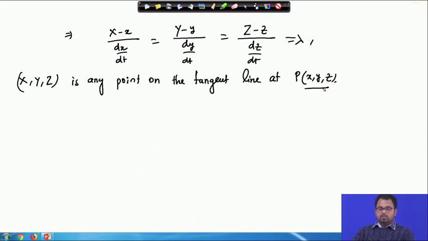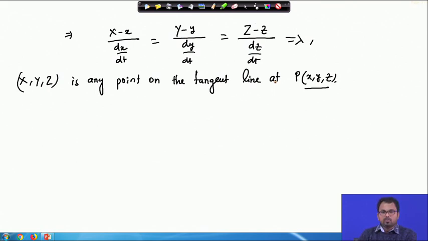So, this is the required equation of the tangent line in terms of Cartesian coordinate system, and you may have seen this type of equation in 3-dimensional geometry for the equation of a line in 3D. So, this is just another form in terms of a Cartesian coordinate system, and for the vector form we know it is capital R minus small r cross product with dr dt.